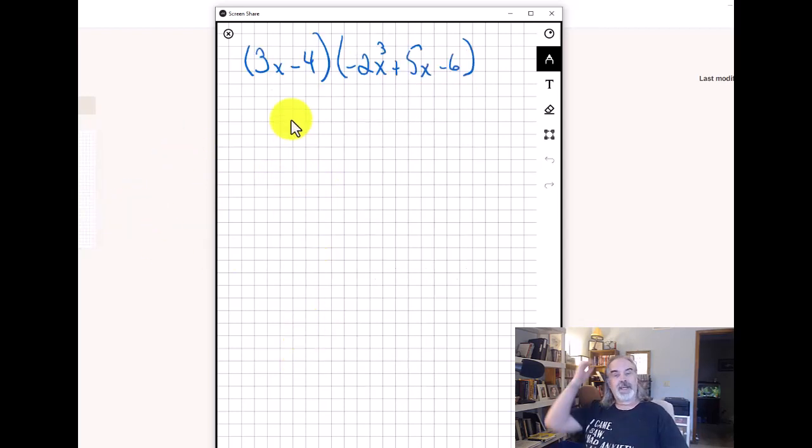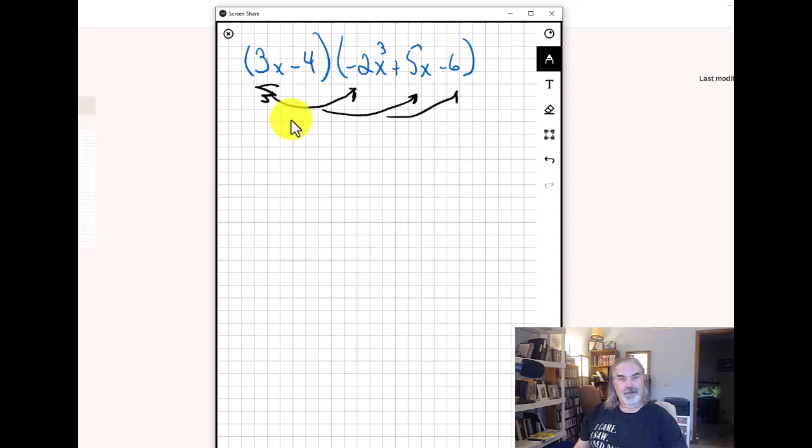Okay, so here's the next one. Think ahead. How many individual terms are we going to generate when we're done with this product? Just like the last problem, we're going to generate 6. How many of them will we get to add together to shrink it down a little bit? Well, we'll see. Step number 1, grab onto this 3x and let her multiply all of those.